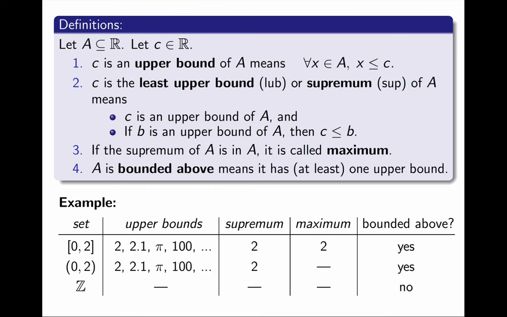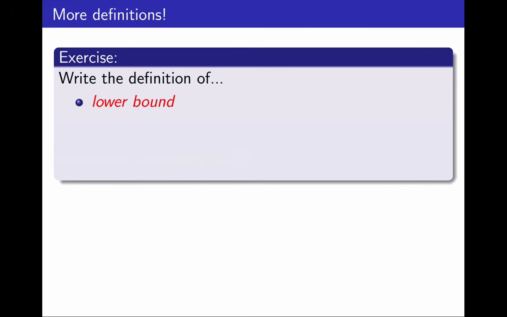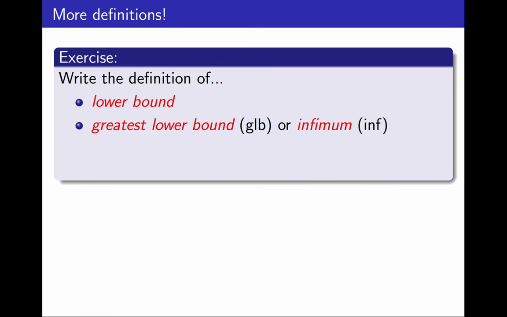We are not done. I have only defined supremum, but we have a full second set of definitions when we talk about lower bounds instead of upper bounds. I am going to invite you to write these definitions as an exercise. Can you take the original definitions and modify them to define the new concepts? Instead of upper bound, we have lower bound. Instead of the least upper bound, we have the greatest lower bound, or infimum.